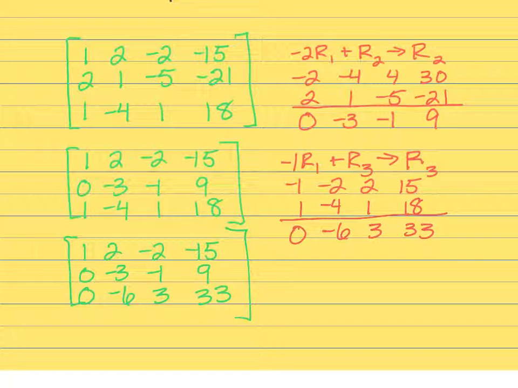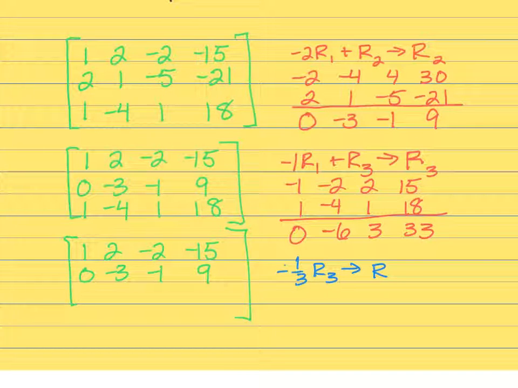I quickly notice that all 4 of those entries are divisible by 3. So I'm going to do another elementary row operation before I commit to putting it in the matrix. Just to make things easier, that row operation is going to look like this. It will be basically negative 1/3 times row 3, and that will give me my new row 3.